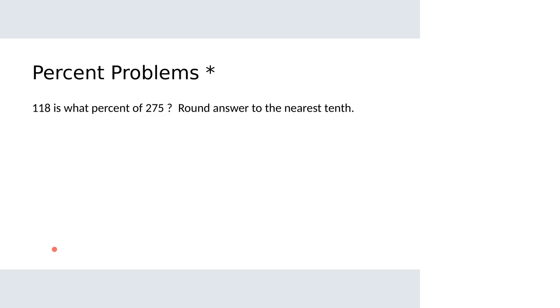And often, even if a question doesn't explicitly say is, what, and of, you can kind of see in the question that that's what it's really asking you for. 118 is what percent of 275, even if that's not exactly what the words said, you can see that that's where it's pointing you. And then you can set up your equation and solve.